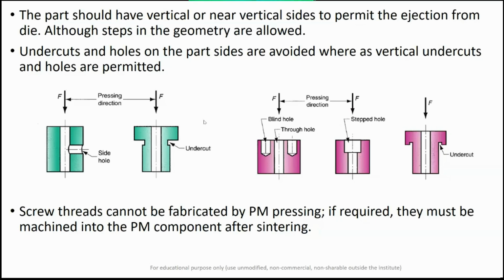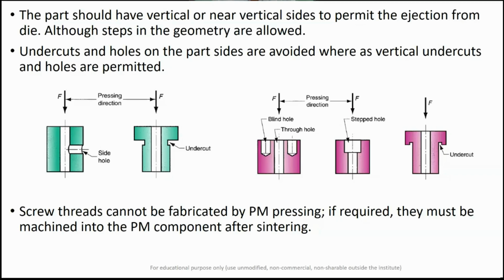Next, undercuts and holes from the side walls are avoided. First of all, it is a very difficult challenge to make a die which will produce a side hole during the pressing.